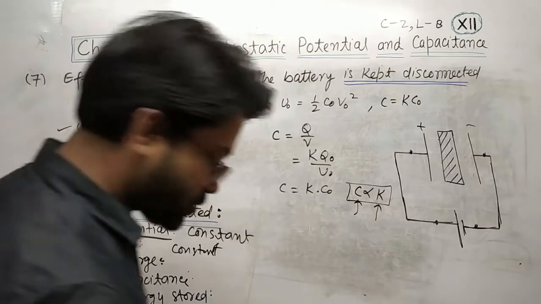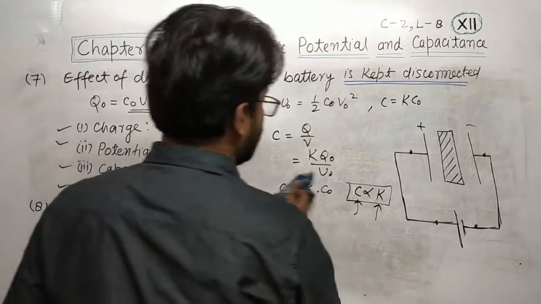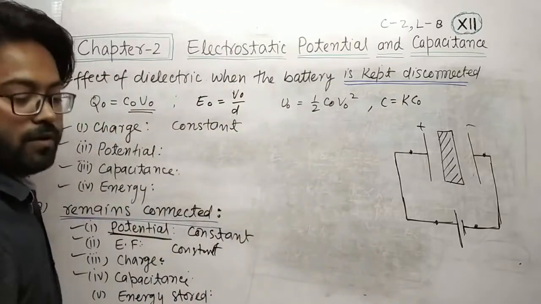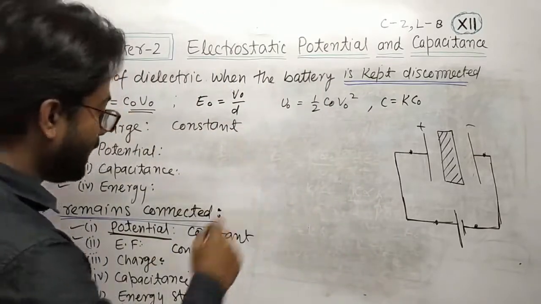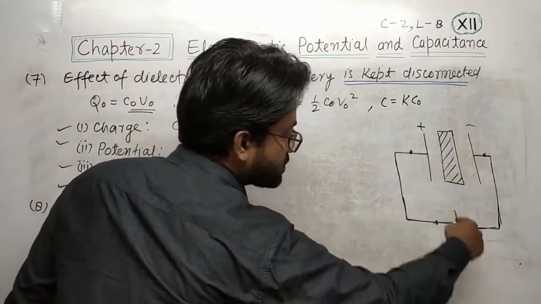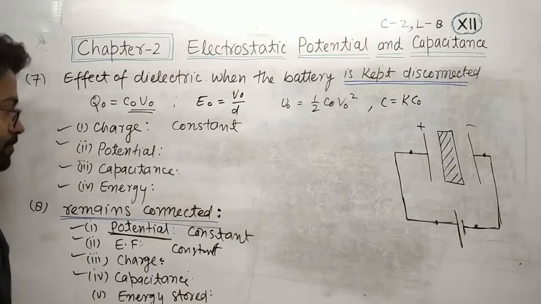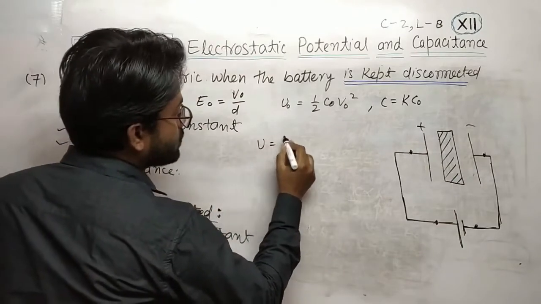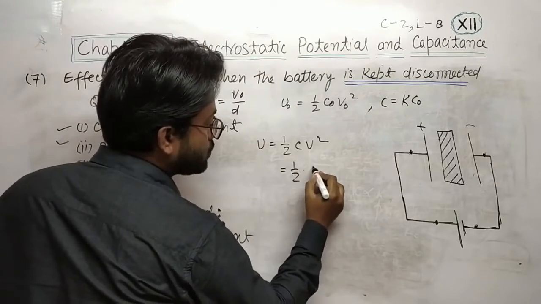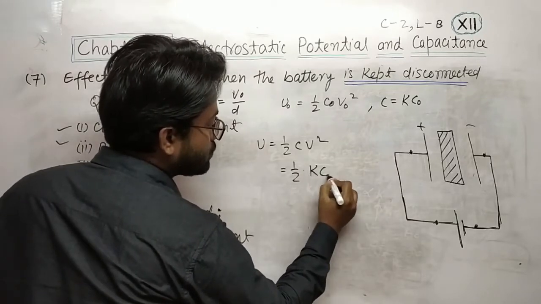Next point and last point of the chapter is what will happen with the energy when we insert a dielectric slab between the plates of the capacitor when the capacitor is connected with a battery. Energy U is equal to half C V square. We can write K C naught.